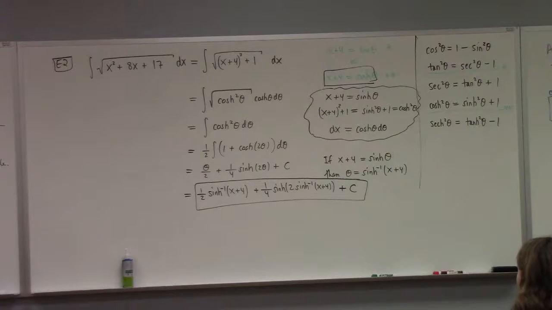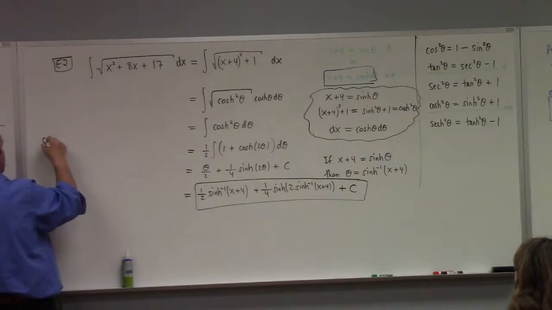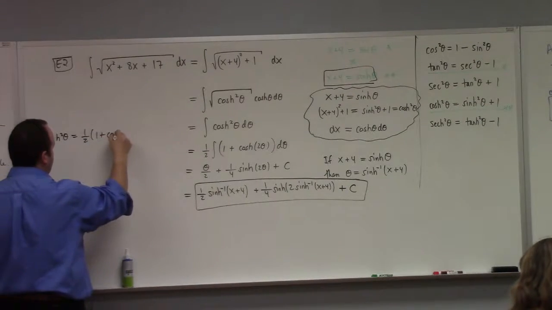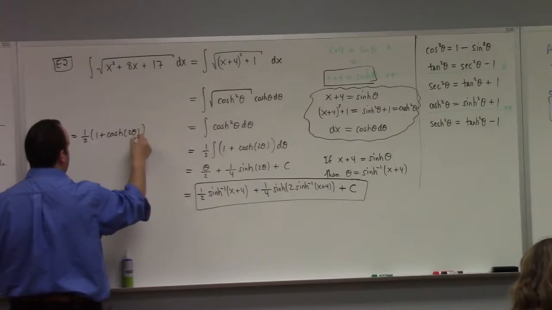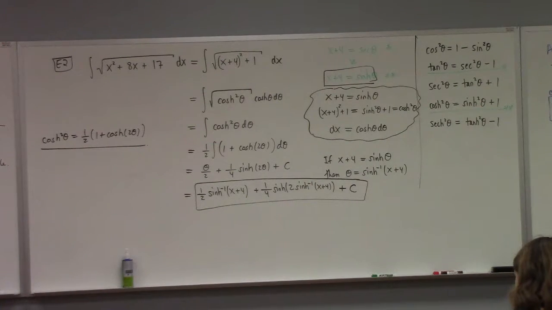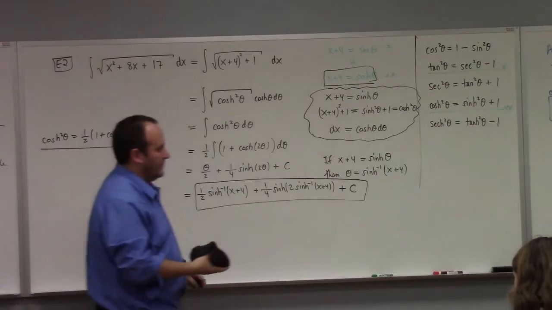How you would form cosh squared theta? Yes, there is a hyperbolic identity that cosh squared theta is 1/2 of 1 plus cosh of 2 theta. This we've worked out in previous lectures. It is true.